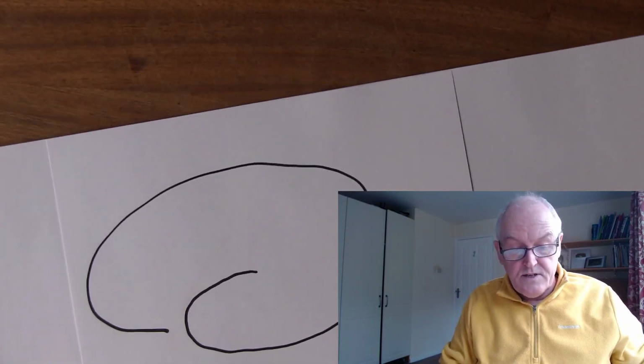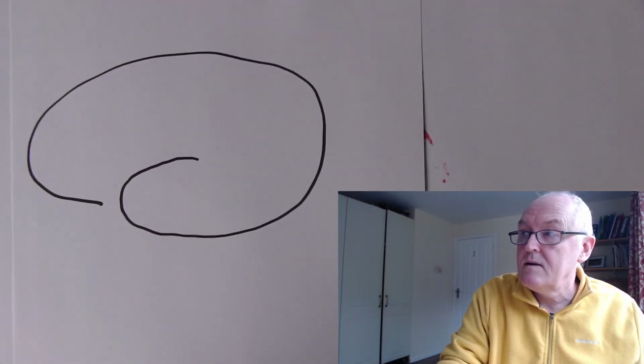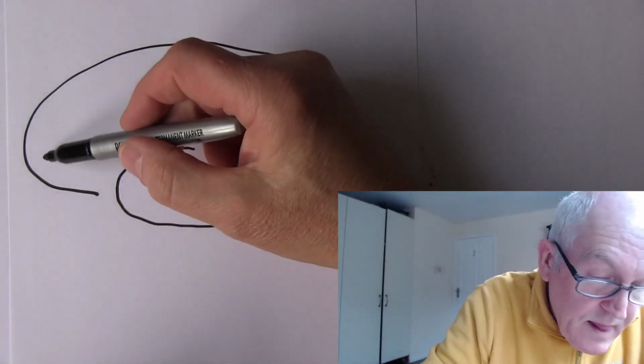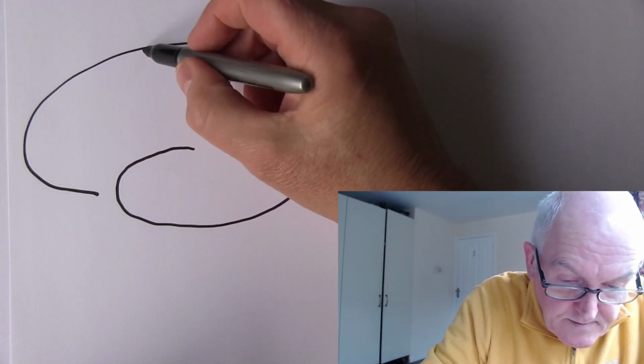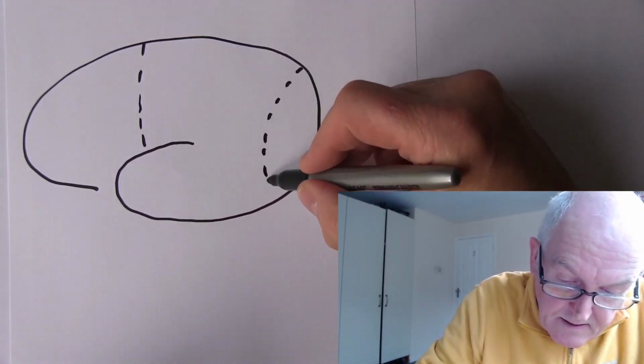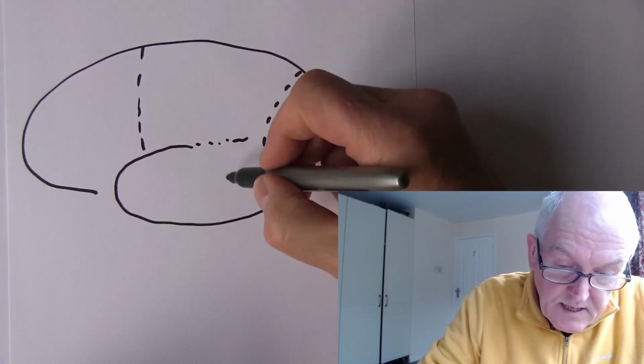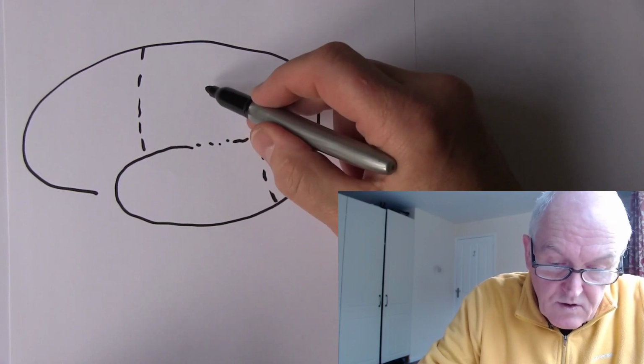So we notice that we have frontal lobes here. These are the frontal lobes. Frontal lobes, occipital lobe at the back, just here, temporal lobe just here, and this is the parietal lobe here.